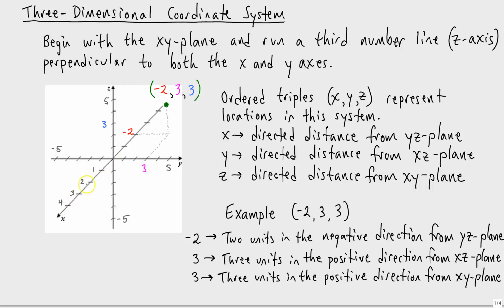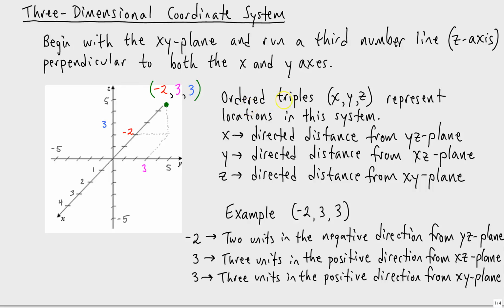So I'll have the positive x-axis kind of coming towards us, positive y-axis headed to the right, and the positive z-axis headed up. It's three-dimensional though, so you can rotate this and draw this however you want. That's just going to be my standard go-to way of drawing this three-dimensional coordinate system.